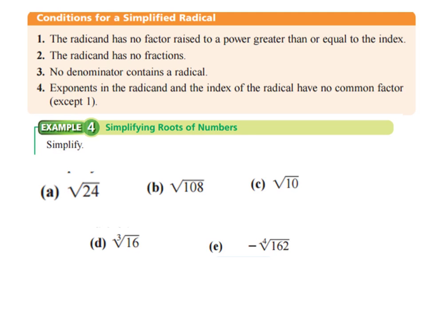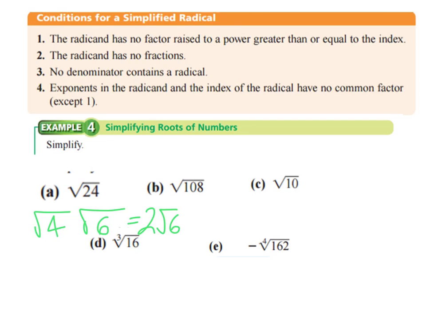So the square root of 24. Actually, what I'm going to do is use my product rule to split that up in terms of factors of 24, but specifically I look for factors that would be perfect squares, so I'd use 4, and then 6 is really just left over. There's no perfect square factors for 6 other than 1, and so we end up with 2 square roots of 6.